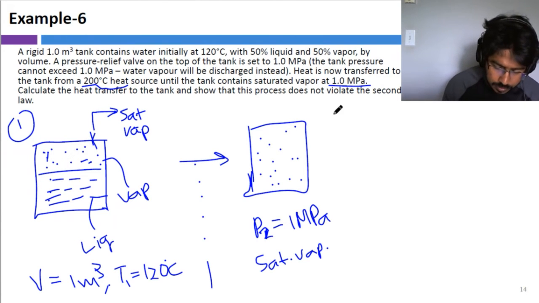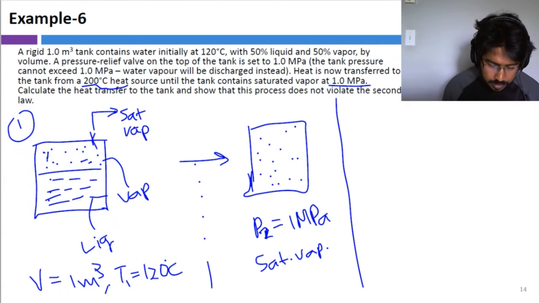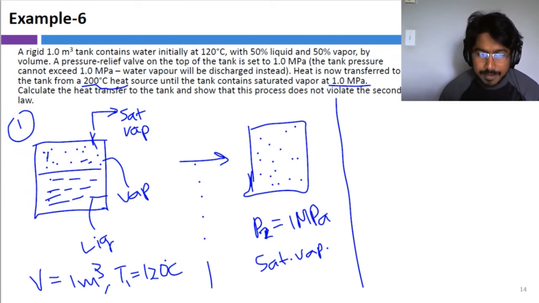So let's start the discussion. Now, at state 1, it says there's saturated vapor and liquid, right? Yeah, it is tricky. A rigid tank of 1 cubic meter contains water initially at 120 Celsius with 50% liquid and 50% vapor by volume.